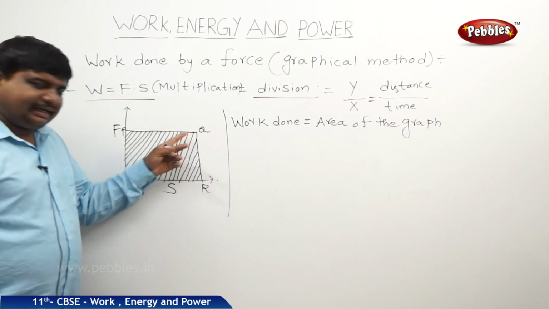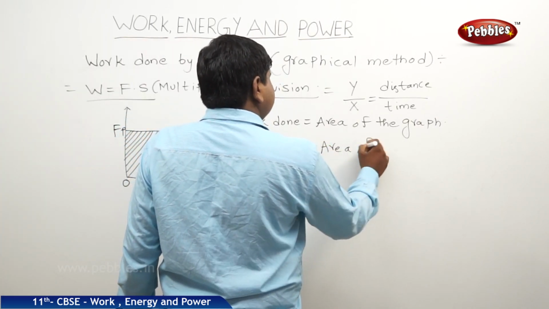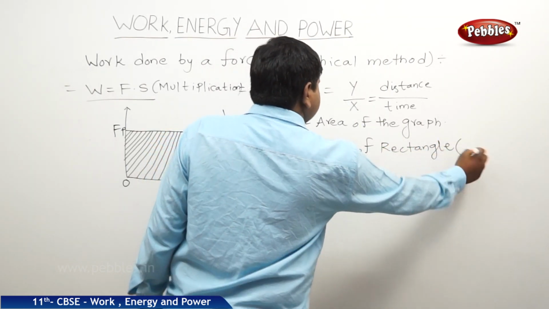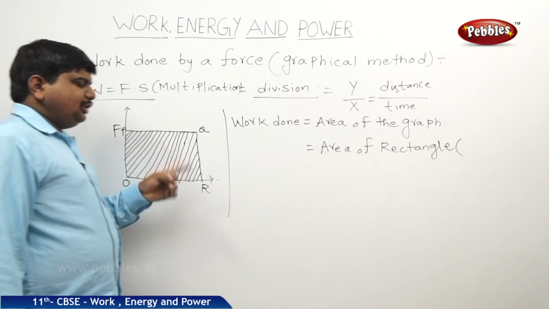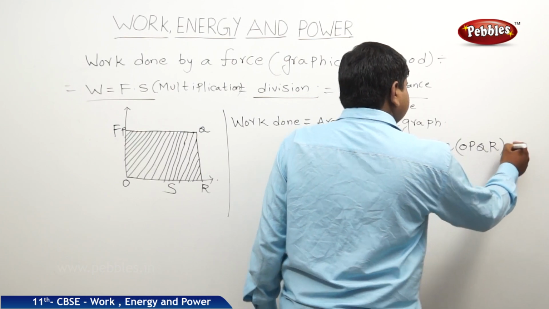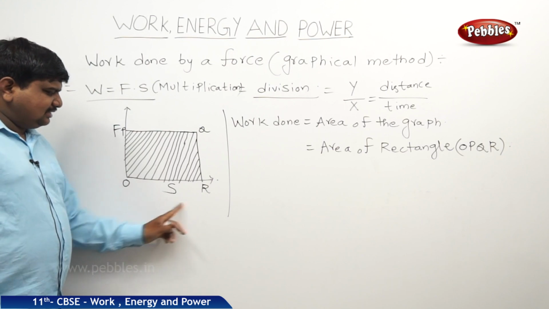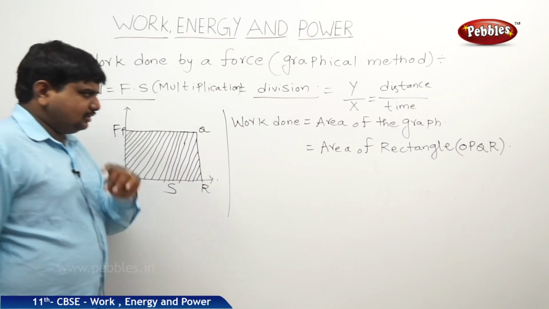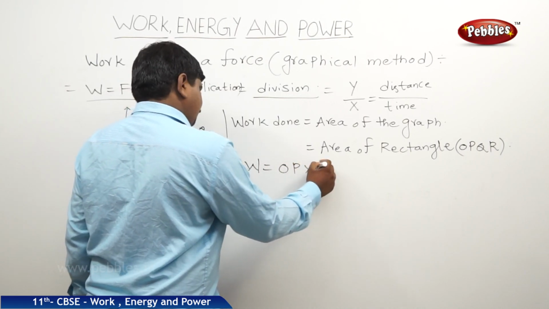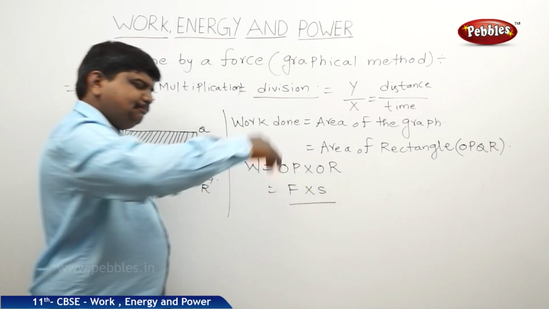Now the graph is rectangular, so it becomes the area of the rectangle OPQR. Force represents the side OP, and S represents the side OR. Therefore, W is equal to OP into OR, where OP represents F and OR represents S.